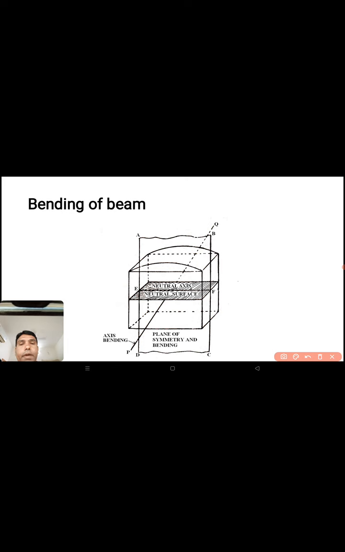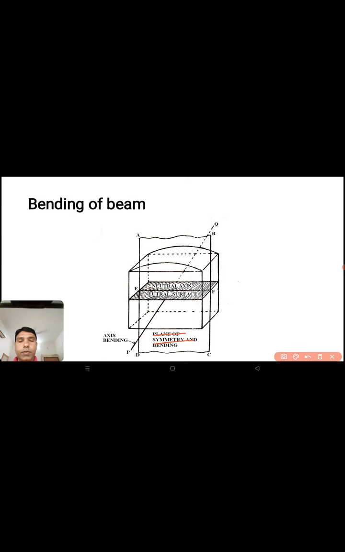Secondly, a very important factor: the plane ABCD, which passes through the neutral axis in the perpendicular direction, perpendicular to the neutral surface. This is called the plane of symmetry.